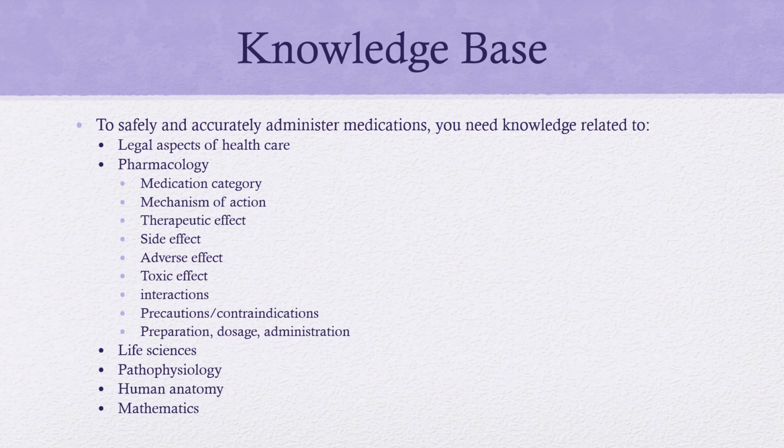Toxic effects are when the blood levels become too high, and it could cause permanent damage to the body. Ototoxicity with vancomycin is permanent damage to hearing. We can look at interactions. Most patients are on several medications, and do they interact with each other? Precautions or contraindications, and then how's it going to interact with my patient?